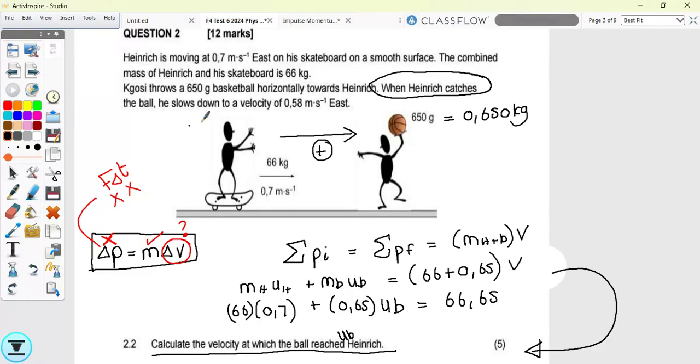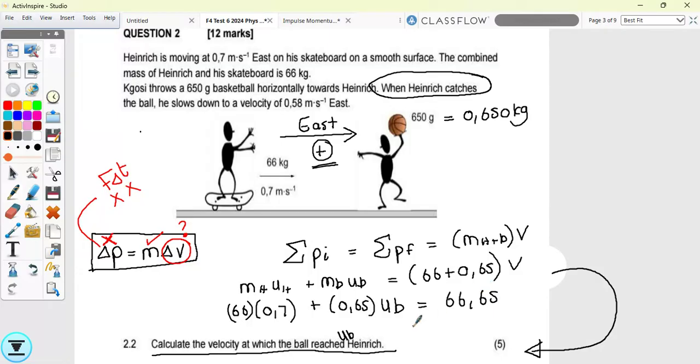Because they say that when Heinrich catches the ball, he slows down to a velocity of 0.58 east. Oh, they gave us east. So this is east, and we decided that that is positive. So anything that ends up with a negative answer would be west, if we could get a negative answer.